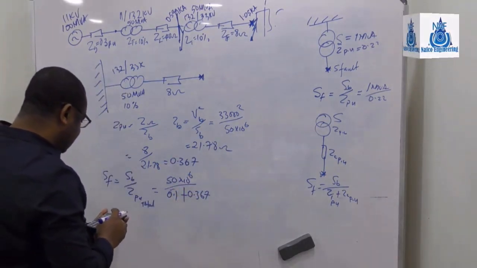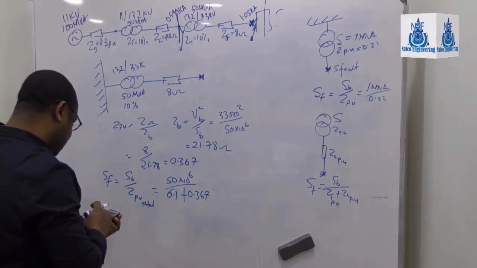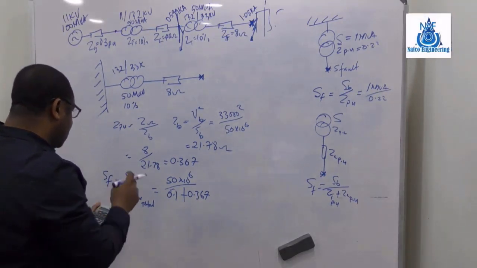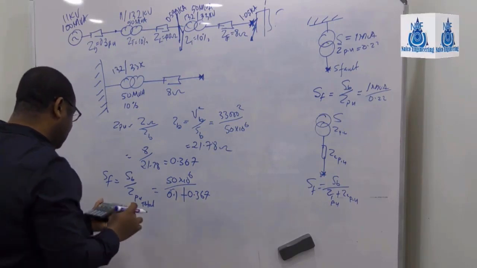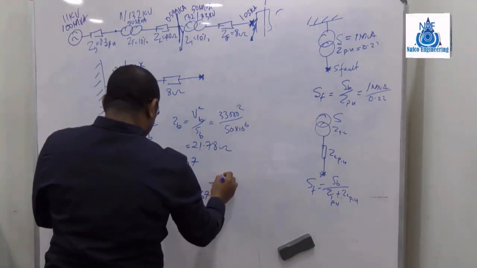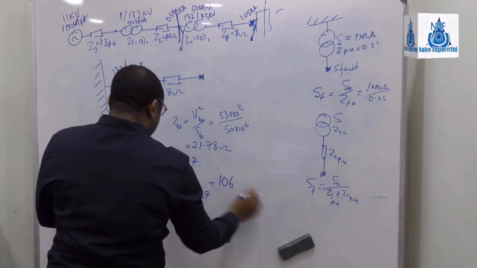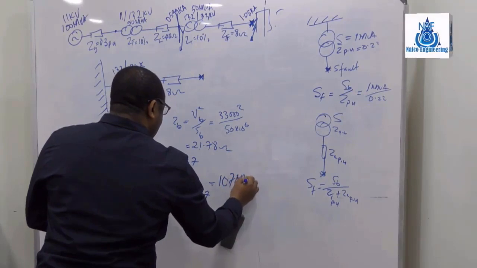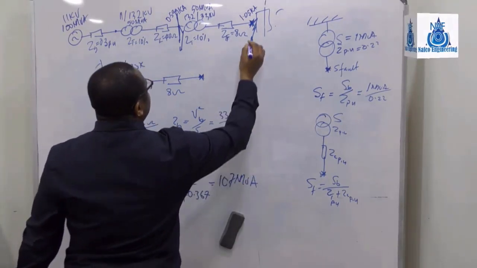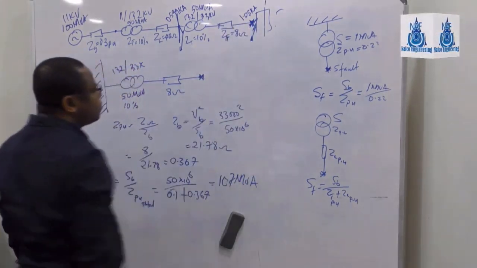So 50 divided by 0.467 will give you about 107 MVA. So that's the fault level at that point.